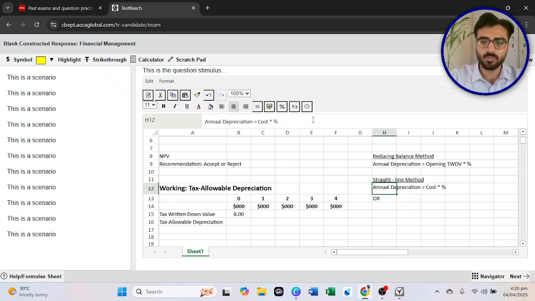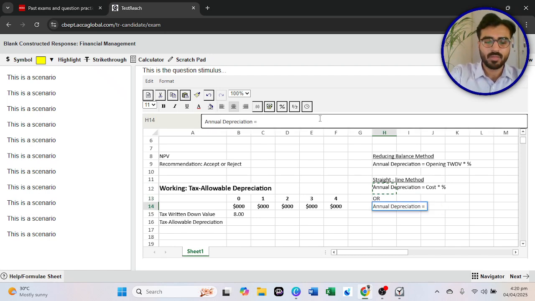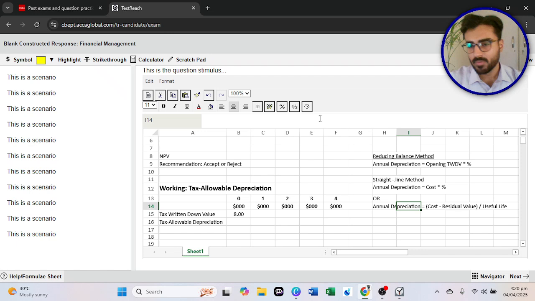Or there is another formula for the straight line method: annual depreciation is cost minus residual value, divided by useful life. So this is the formula for the straight line method for annual depreciation.